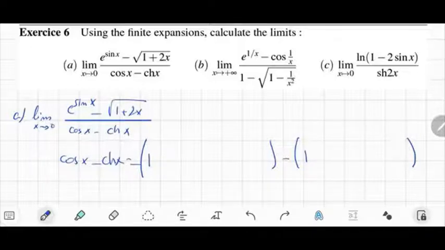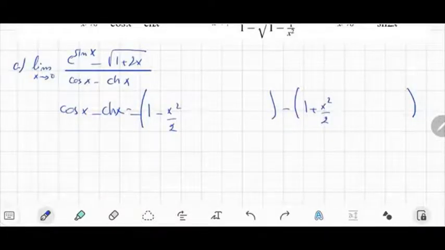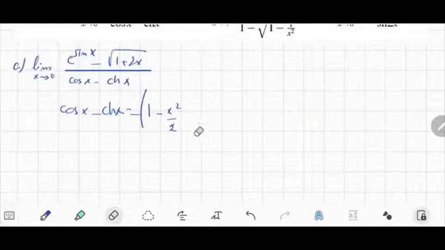of the expansion. Then cosine x will continue by minus x2 over 2 and chx will continue by plus x2 over 2. This term will not disappear when we calculate the difference, so we can stop right there. I will erase it to put it closer to each other.